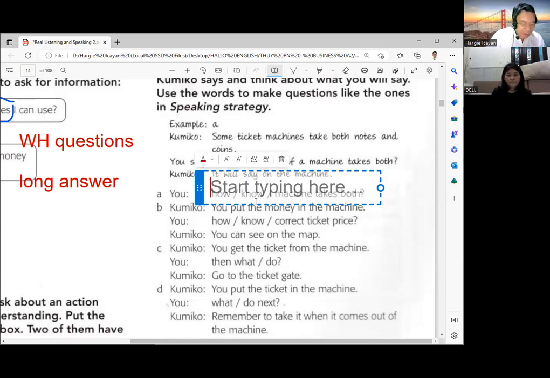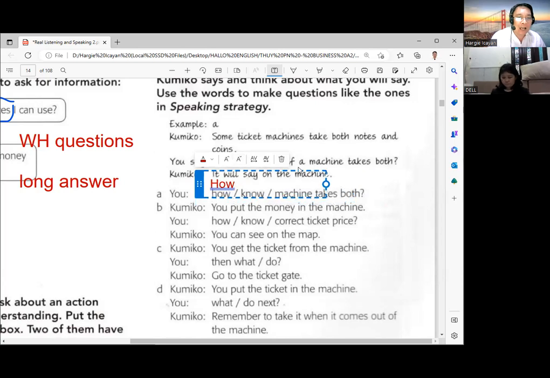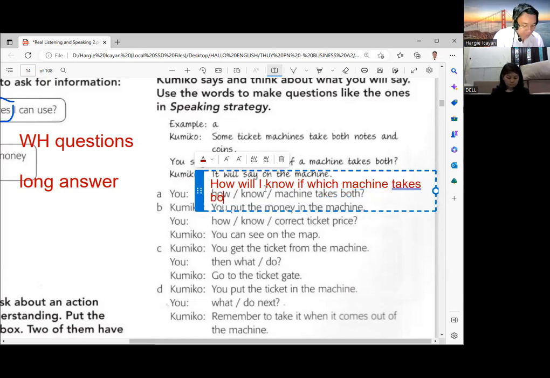Okay. So the question is how. How will I know if the machine takes both?